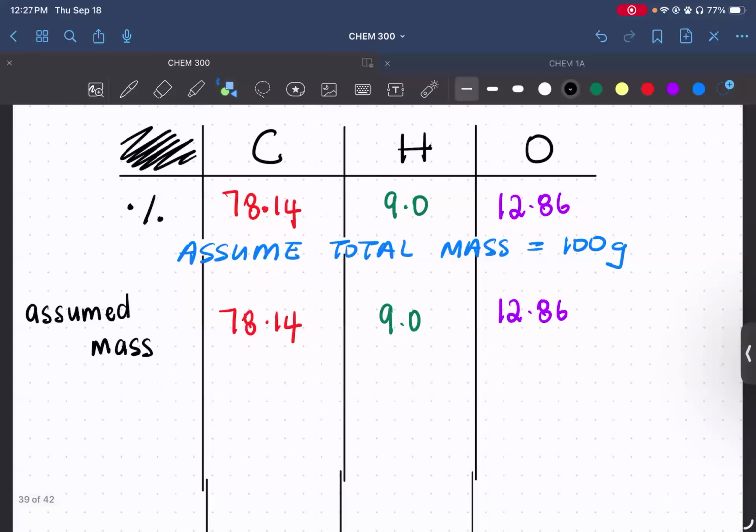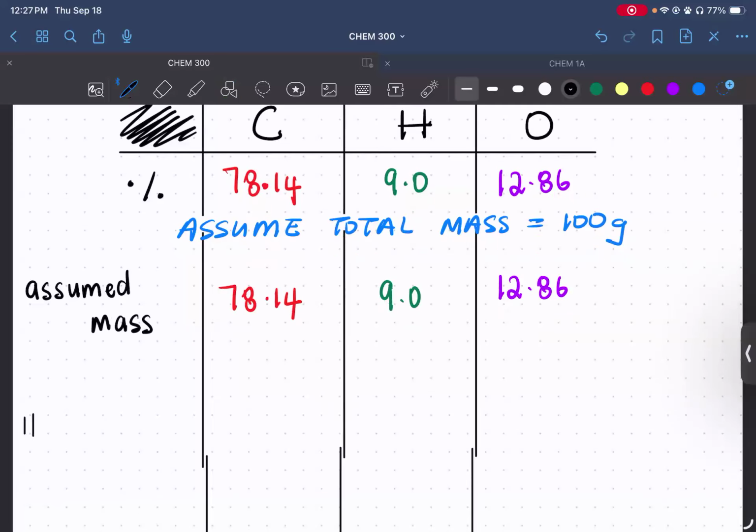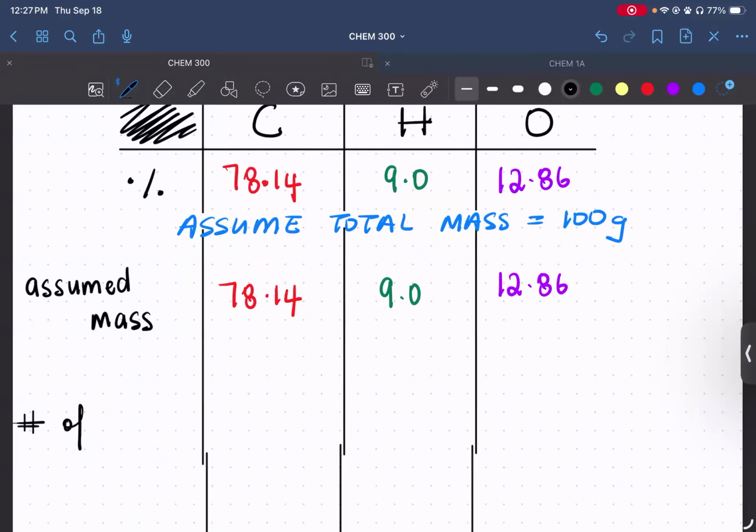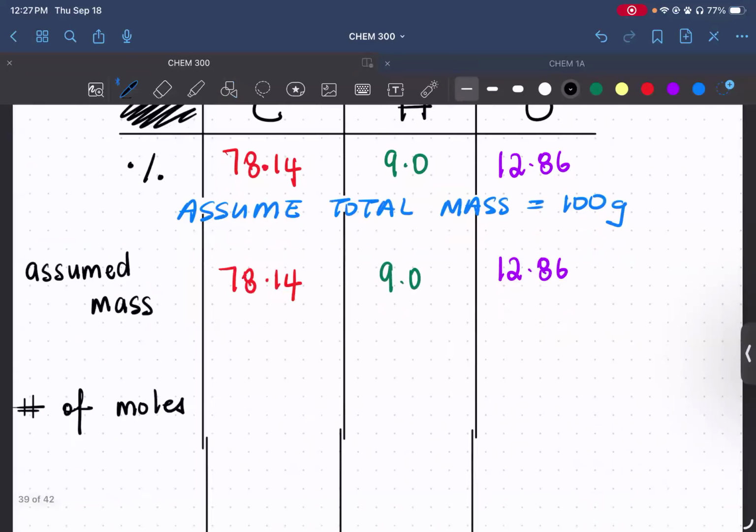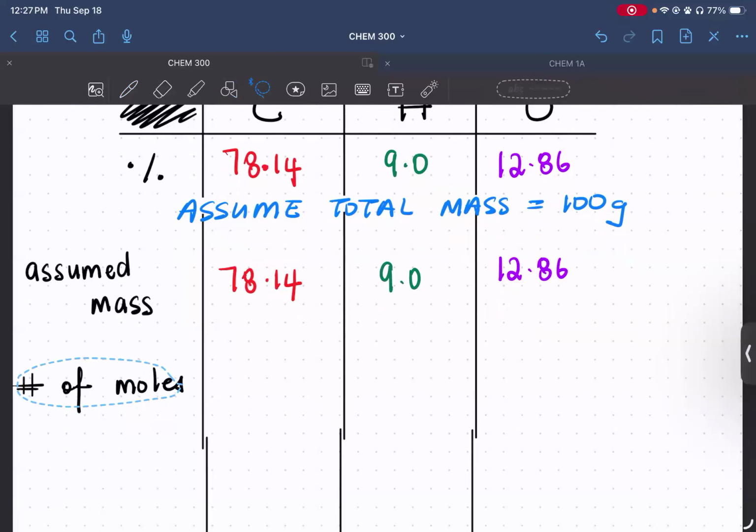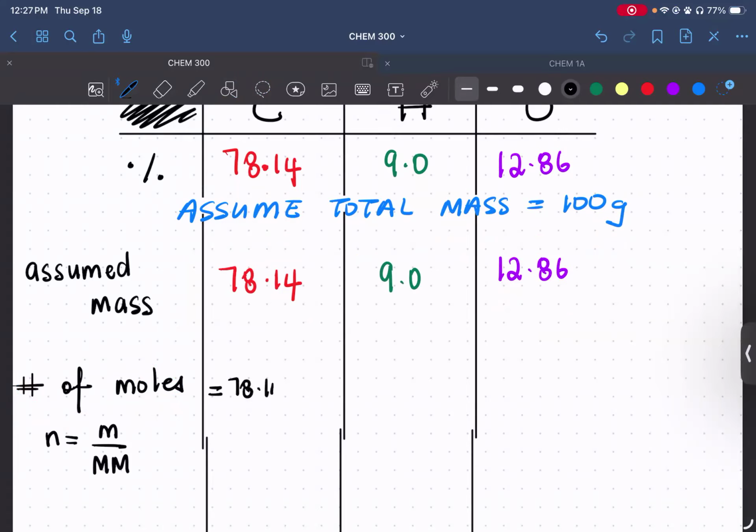Once we get the assumed mass, we can calculate the number of moles of each element. We know the formula, n is equal to m over MM. The mass is 78.14. The molar mass is 12. For hydrogen, the mass is 9 and the molar mass is 1.